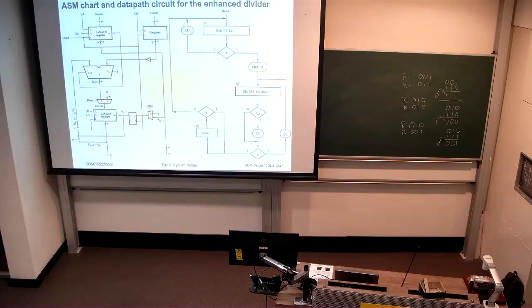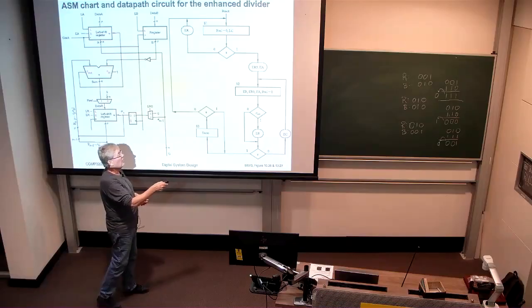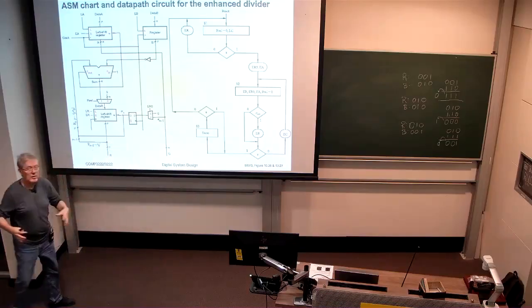In terms of the impact on the ASM chart, instead of having 2 cycles here, we only have 1. The top bit's the same, we still clear R, load the counter, and when the start signal is asserted, we get ready to perform the first shift when we enter state 2. And in state 2, we're in the for loop.